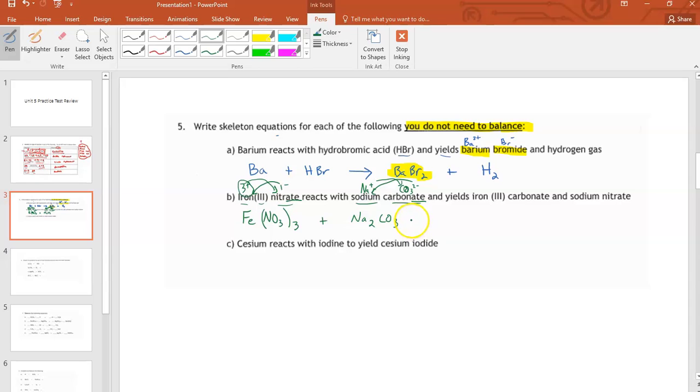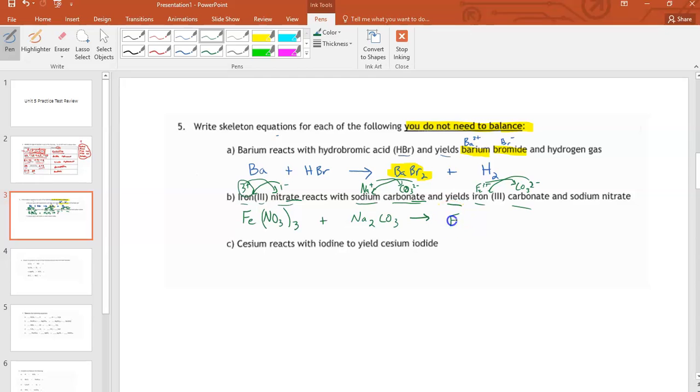All right. Now, yields. That's that arrow sign. Iron 3 carbonate and sodium nitrate. So this is a double replacement reaction. So I'm just going to add iron and carbonate together. So iron is Fe3 plus, carbonate is CO3 2 minus, right? So mismatched charges. So we need 2 irons, 3 carbonates.